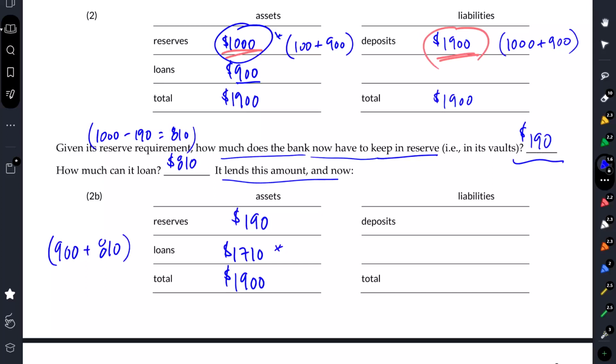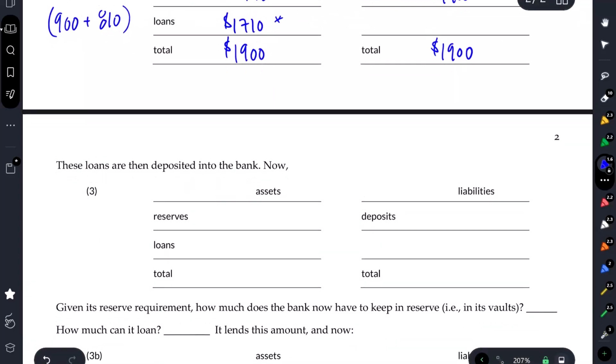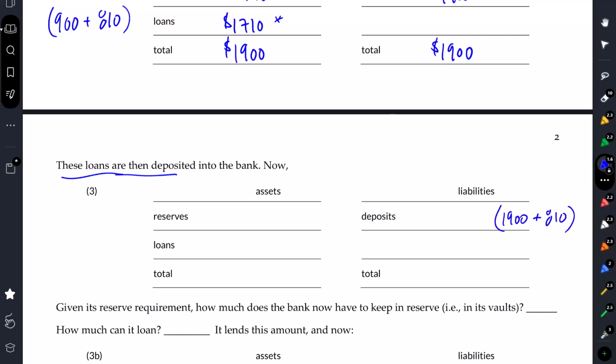And for the moment, deposits are still at $1,900. Loans have been made, but no new deposits have been made yet. But now they are. These loans are deposited. So deposits are going to go from 1,900 to 2,710. This 810 that was just deposited is going to be added to reserves.